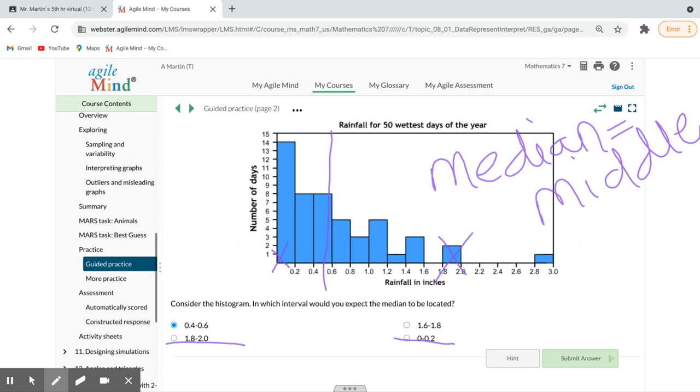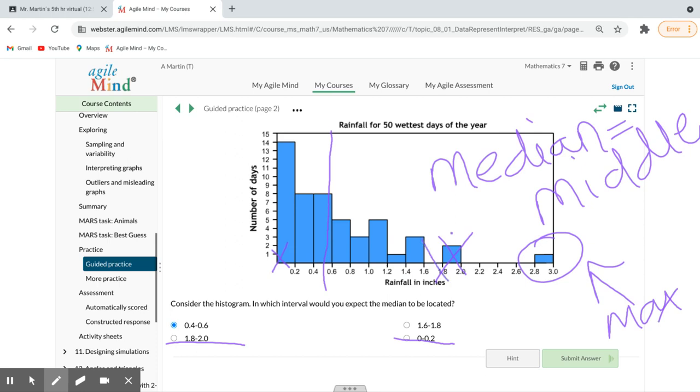Oh, maximum. But it's getting close to the maximum. The maximum would actually be located right here. But it's definitely not the middle of our data, is it? Since it's so far to the right, it can't be in the middle. So that's how we know it's not right.